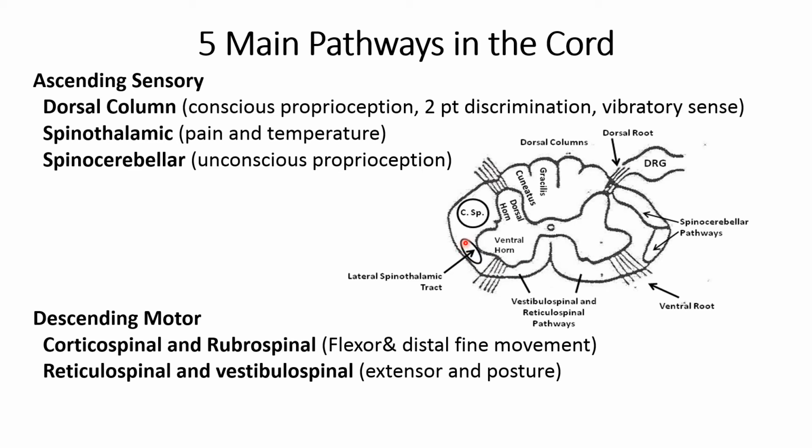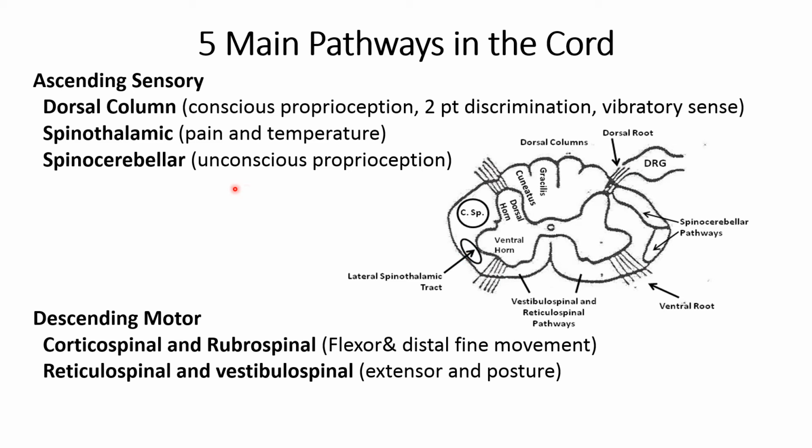It's the lateral spinothalamic tract, and it carries information about pain and temperature. There's a little bit of crude touch information, but primarily pain and temperature, and that's what we'll be emphasizing. It's often referred to as the spinothalamic tract, sometimes the lateral spinothalamic tract to indicate its location.